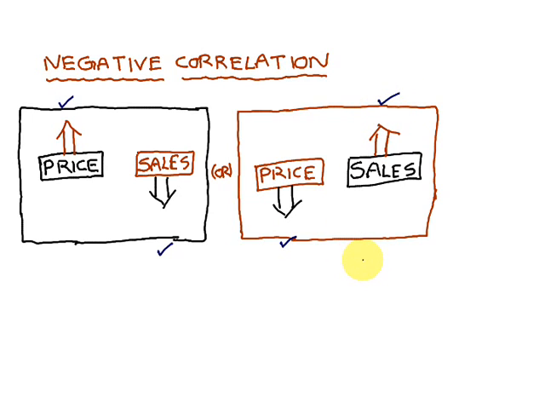That is called a negative correlation. To remember this concept, one arrow should be upward and the other arrow downward. So this is called the negative correlation.